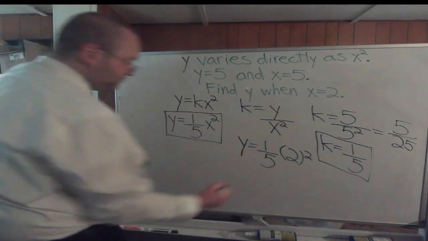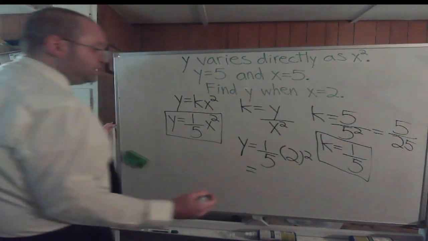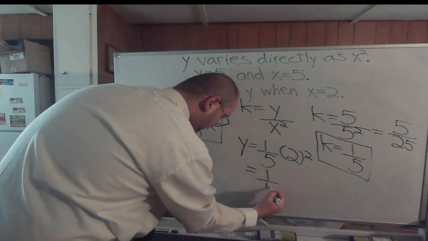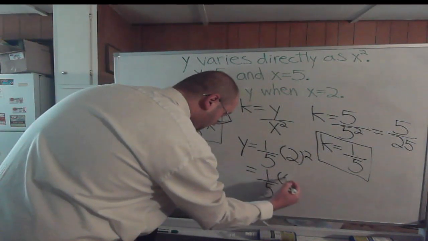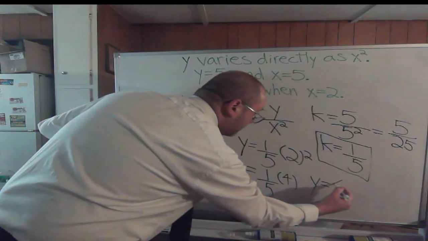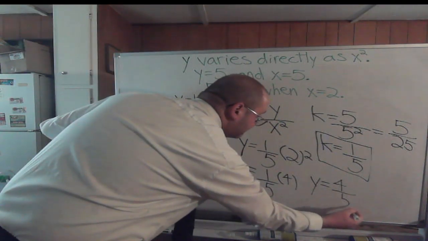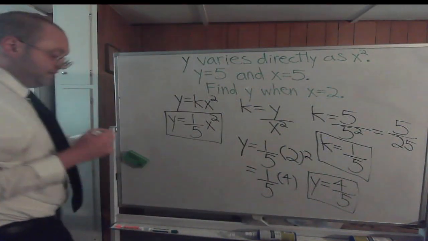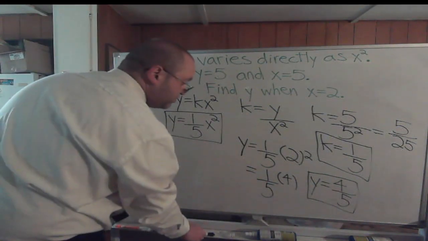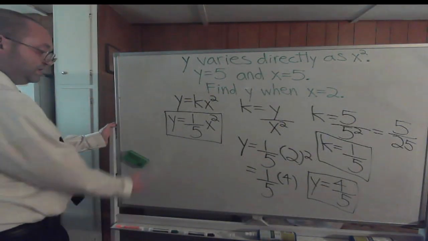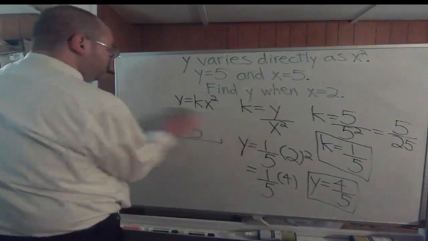Well, we know 2 to the second is 4, so you'll have 1/5 times 4, which simply means that y equals 4/5. So when x equals 2, y equals 4/5. That's what you would get. And I got more examples here.